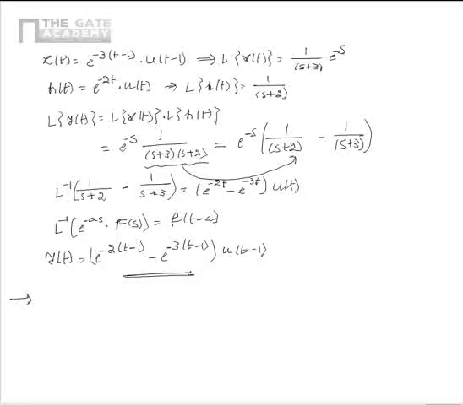Now let us look into another problem as per which we need to find Laplace transform of cos of beta multiplied by t minus 2 multiplied by u of t minus 2. We know that Laplace transform of cos beta t u of t is equal to s by s square plus beta square.